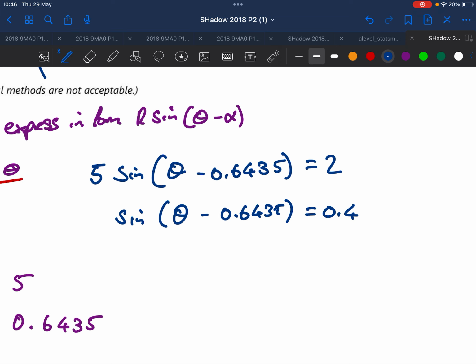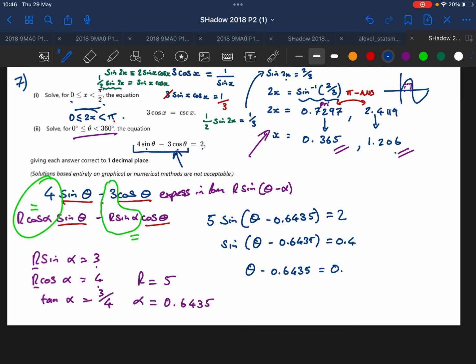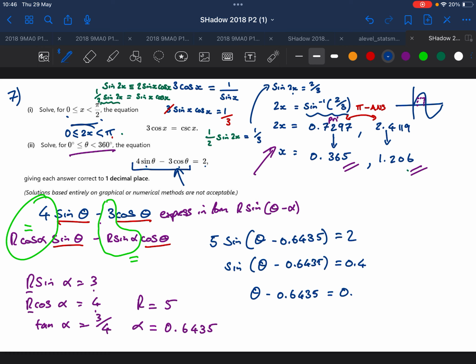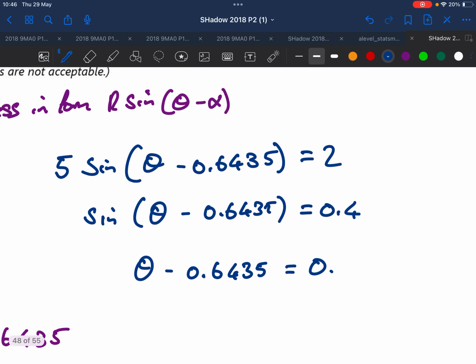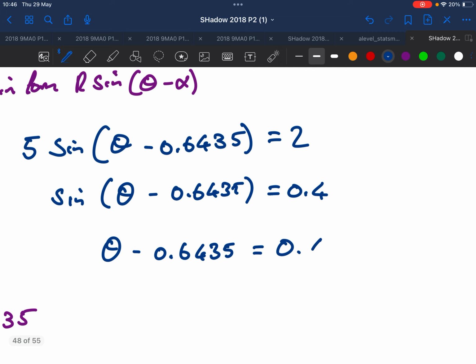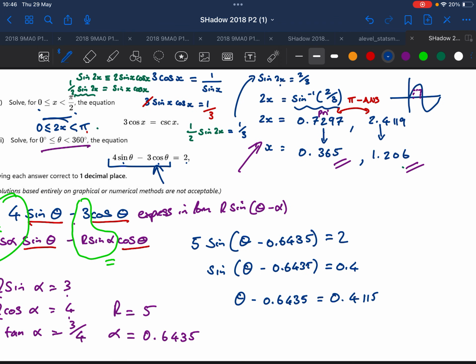So theta minus 0.6435 equals... am I being consistent with my decimal places? Well, all it says is I have to do one decimal place at the end. So if I go overboard, that's totally fine. It's better to do more rather than less. And then it's between 0 and 360 with a regular sine graph.